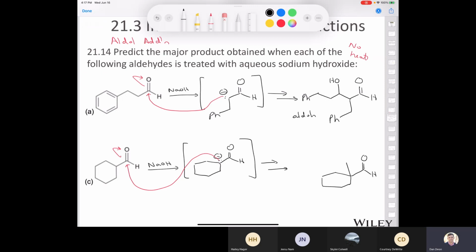Then I have a bond. This is the new bond that I formed. It's going to have a hydroxyl on it, and it's going to have the cyclohexyl on it like that. And there you go. There's my aldol product. I don't know why I keep doing that. There we go. My aldol product.